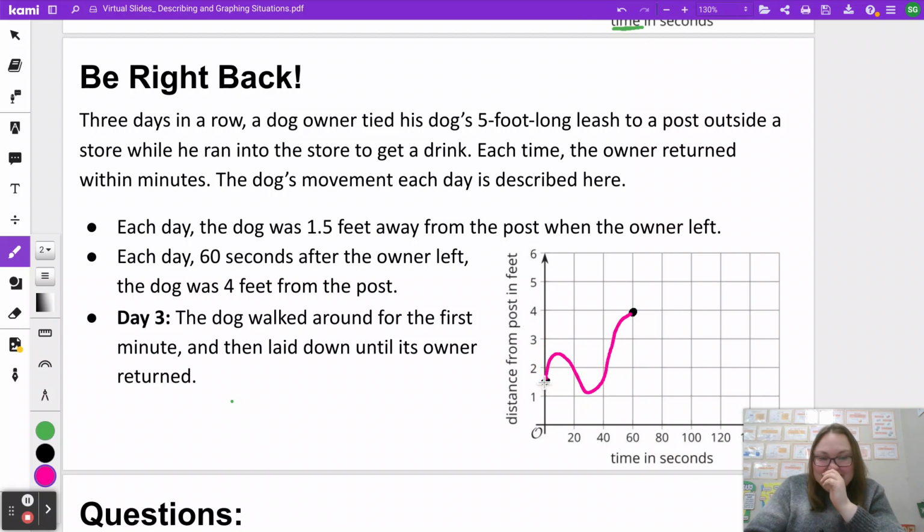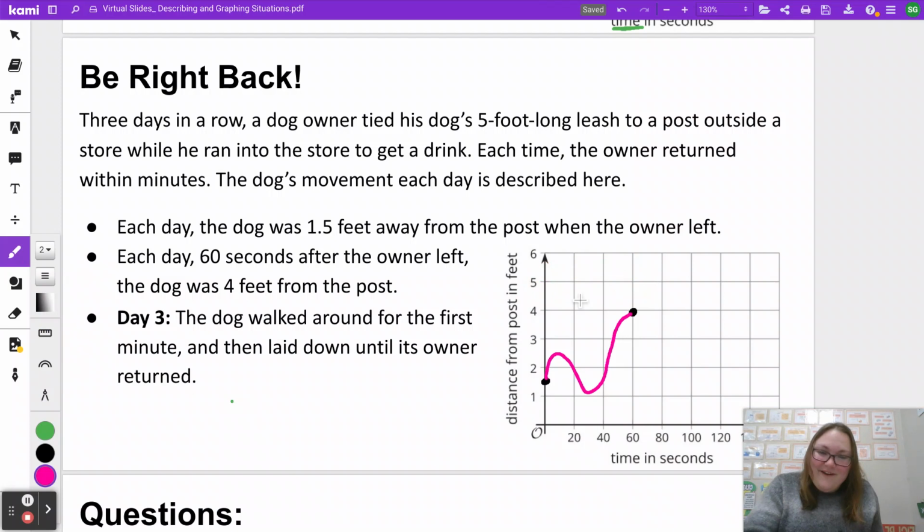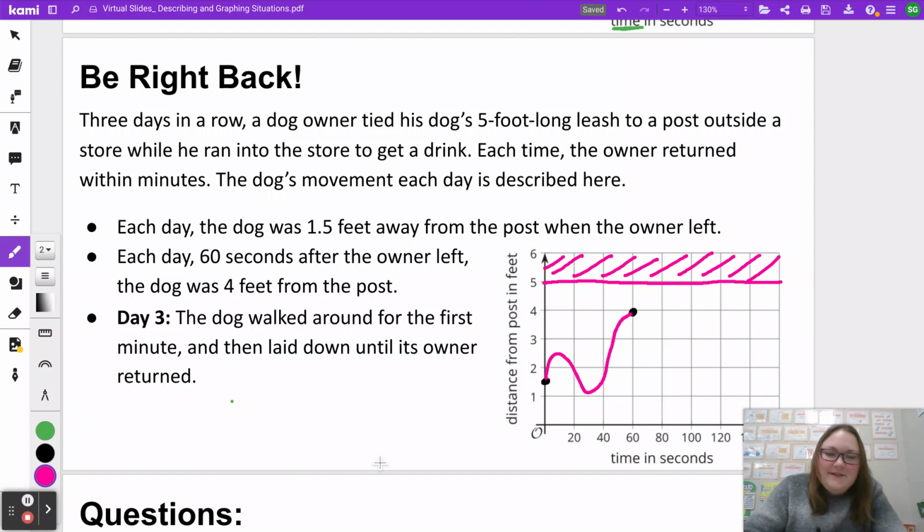So your line maybe does that. As long as your line does not curve backwards, or as long as your line does not go above 5 minutes, you should be okay. It should not be up here. So I've got this as a possibility of what walking around the first minute could look like.